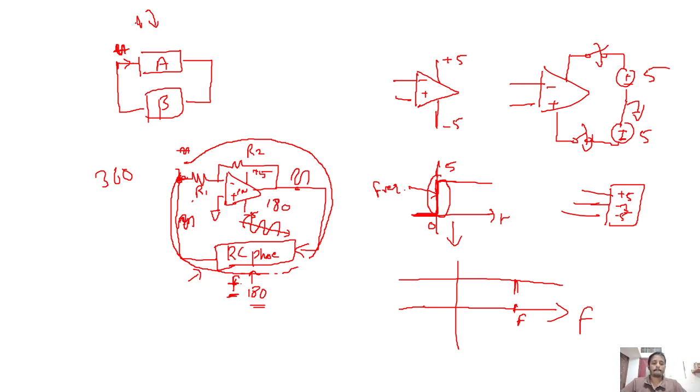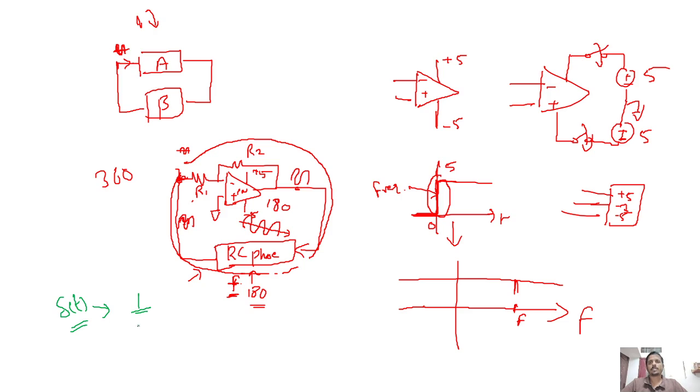Yes, sir, but the thing I didn't get is how by giving an impulse we have all frequencies. If I take delta of t, what is the Fourier transform of delta t? It is 1, right?